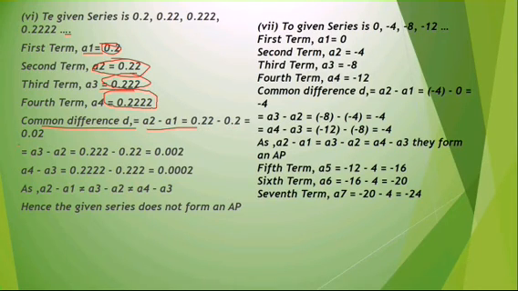Now a3 minus a2, that is 0.222 minus 0.22, that will be equal to 0.002. Now a4 minus a3 is 0.2222 minus 0.222.